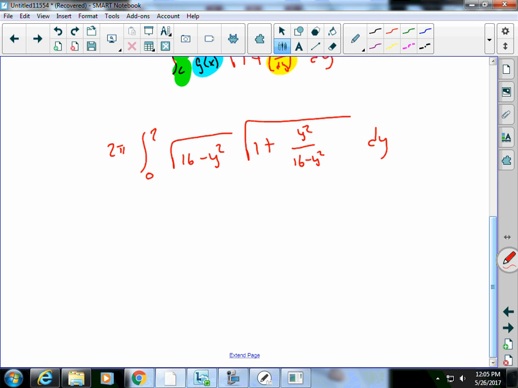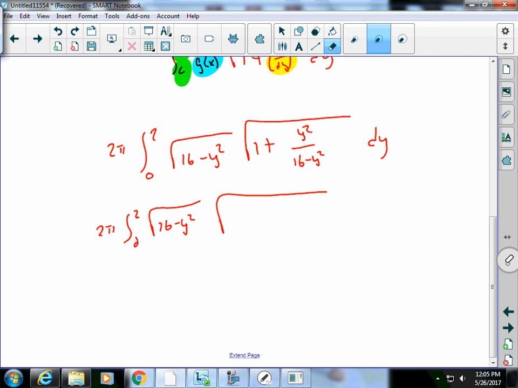Now we want to clean this up like we normally do, so I'm going to rewrite what's under that big radical. Instead of 1, I'm going to write 16 minus y squared over 16 minus y squared. Now we have a common denominator, so I can add them together, all over 16 minus y squared dy.